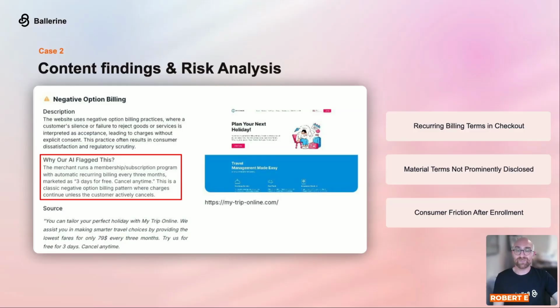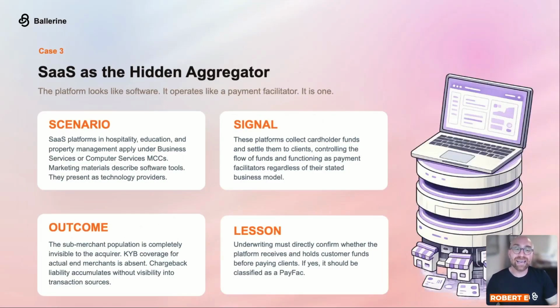Cool. So the next case that we'll go into actually has to do with hidden aggregation. So as I mentioned, SaaS platforms, someone who says we actually offer software for merchants in the hotel business, or in a particular line of business where maybe they're offering services to that niche vertical.